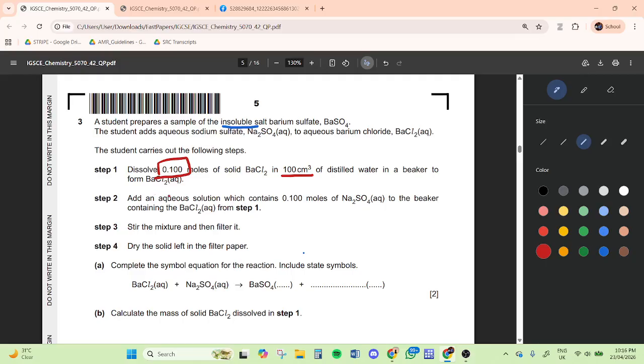Add an aqueous solution which contains 0.1 moles of Na2SO4 to the beaker containing barium chloride from step 1. So you're mixing sodium sulfate with barium chloride. Stir the mixture and then filter it. Dry the solid left in the filter paper. Complete the symbol equation for the reaction, including state symbols.